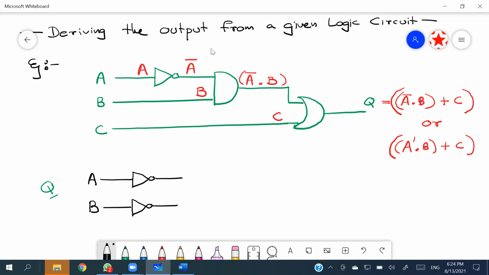And when you are done with writing the example, you can try taking the output of this circuit, right?